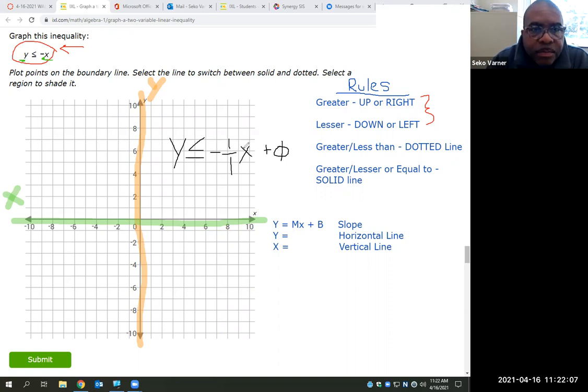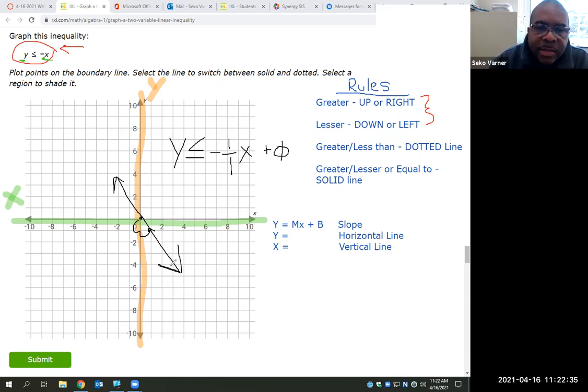Okay, so our y-intercept is going to be 0, which is right here. And then it's a negative sign, so we're going to go down 1 over 1. Our slope is a negative slope because it starts on the left up and it goes down on the right.